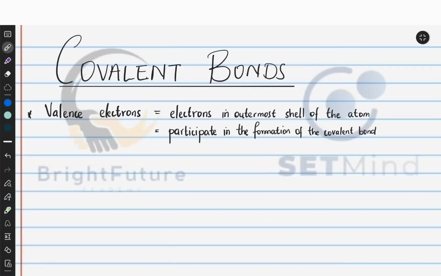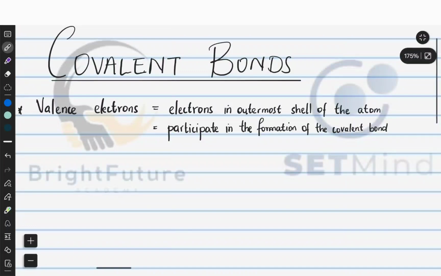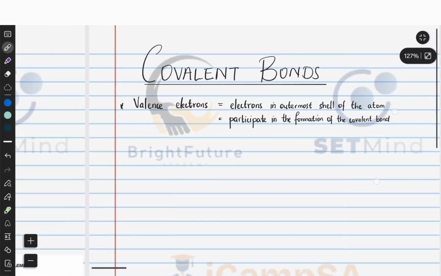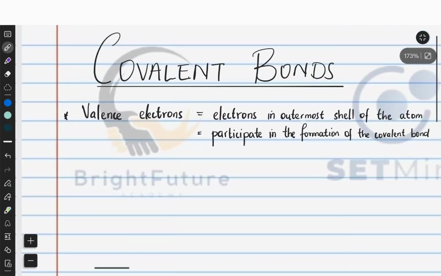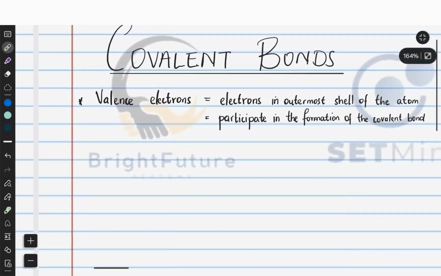Not all of them will participate, but generally, the valence electrons are the ones that participate in the formation of a covalent bond, right? But later on, we'll speak about the ones that don't participate, which are usually in pairs. They are called the lone pairs, right? So those ones don't necessarily participate, but for now, keep this in mind that valence electrons are responsible for participating during the formation of covalent bonds.